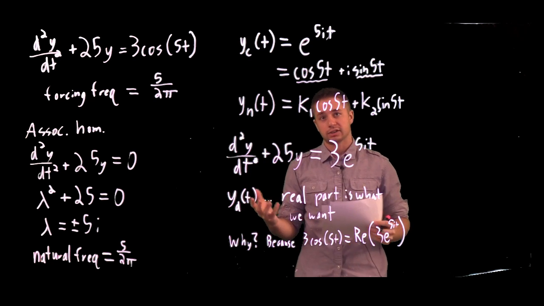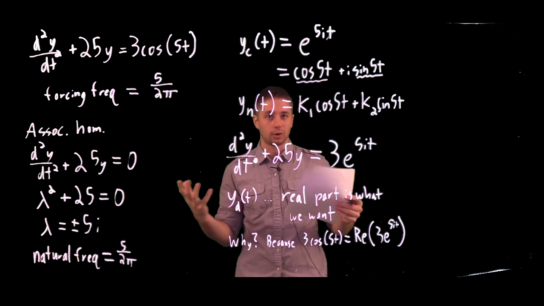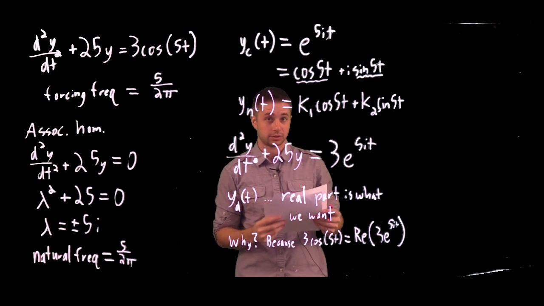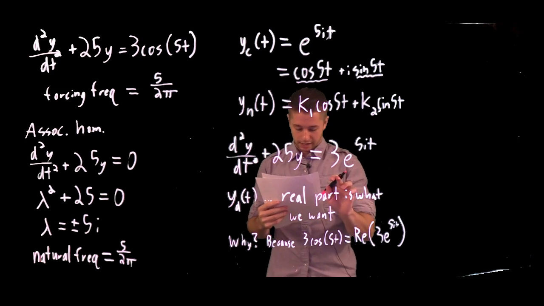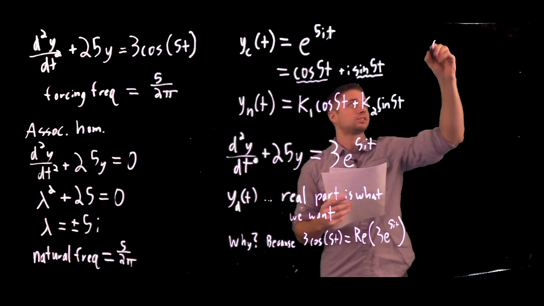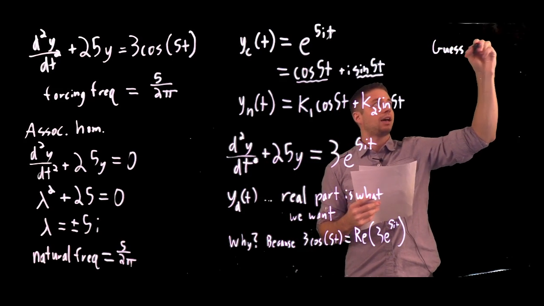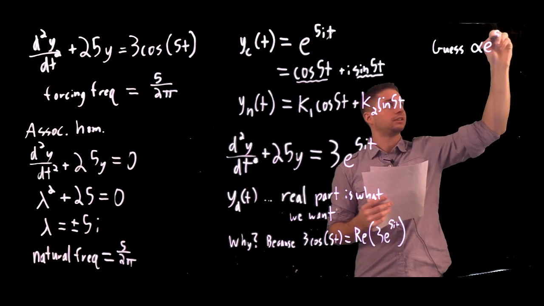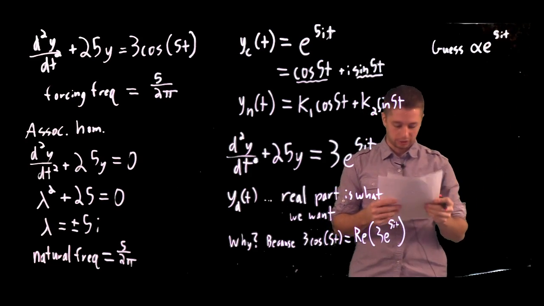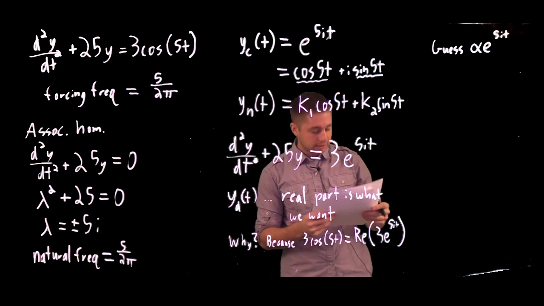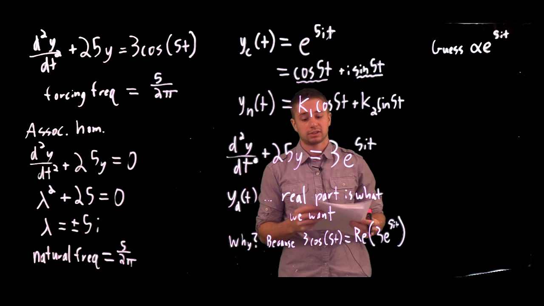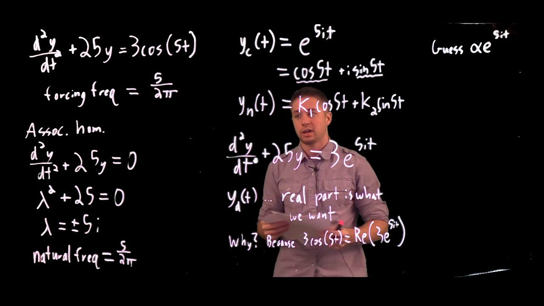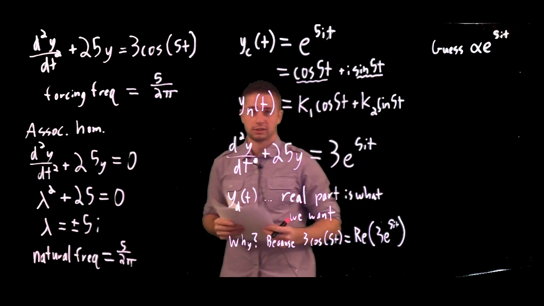So we're going to guess, or if you prefer, we're going to employ the method of undetermined coefficients. Since the forcing here is exponential, we might guess alpha times a similar exponential. This is a fine guess. However, we are in the resonant case, as we decided earlier.